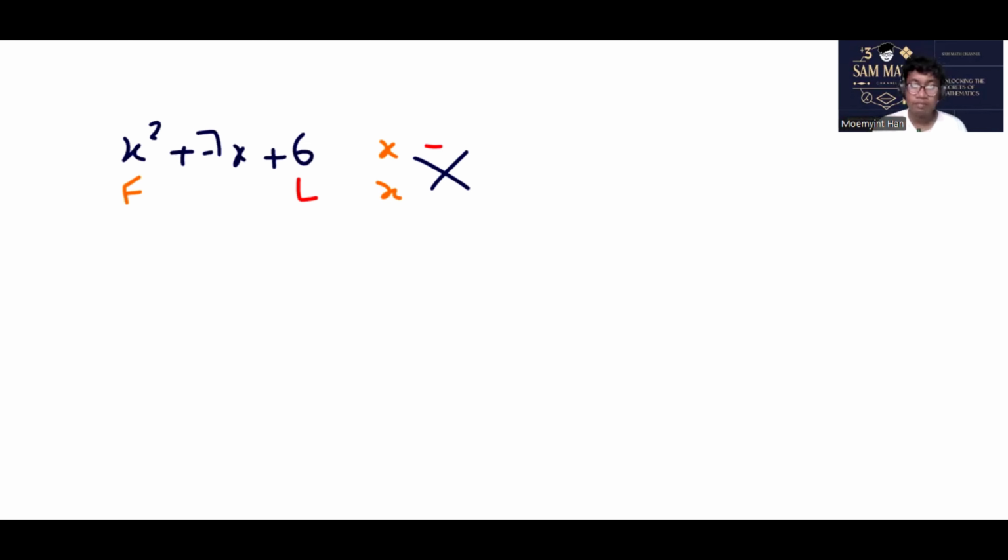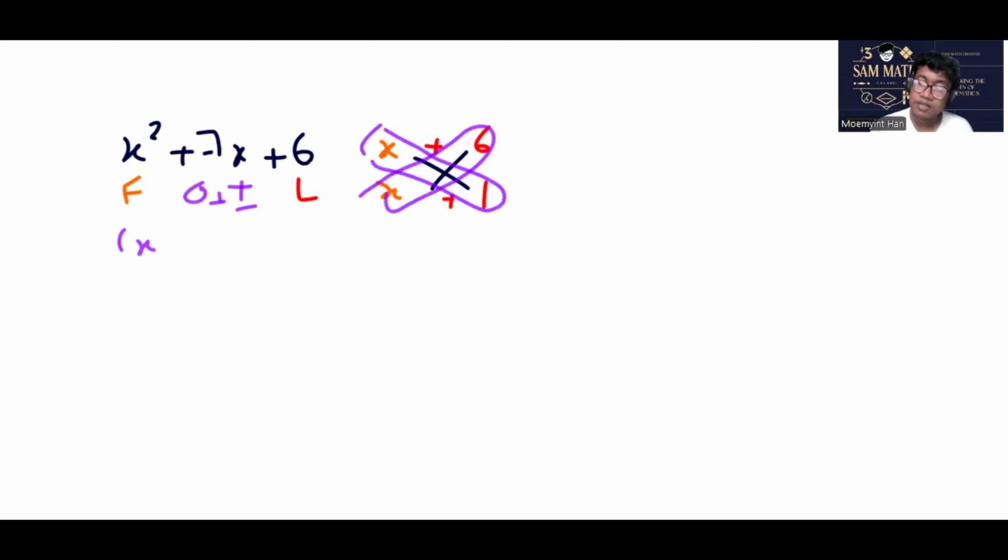Is it working? Yes, it worked because the middle number is 6 plus 1. So if we multiply x and 6x, same sign, it will become 7x, right? So the term is going to be x plus 6, x plus 1.